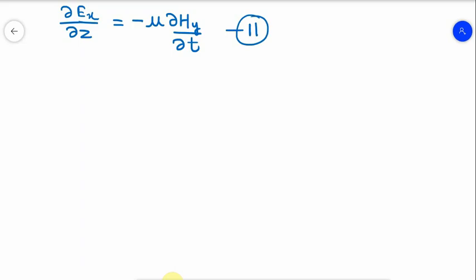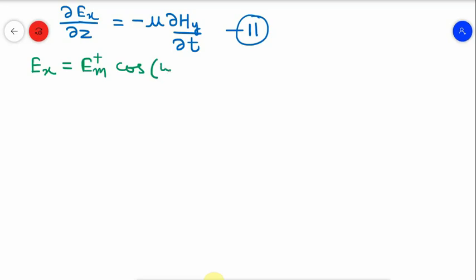Okay, but we know that the electric field is a function of space and time. Since it is a function of space and time, we can write this: Ex equals to Em plus cos of, this is the wave equation.